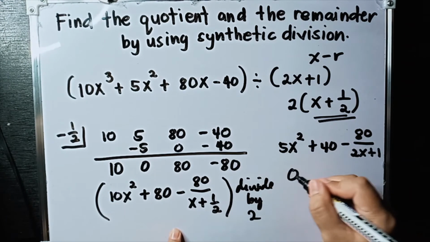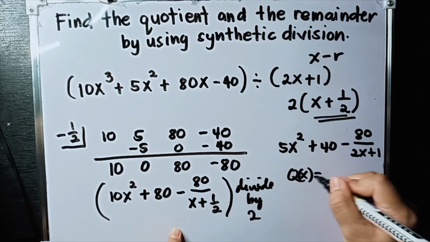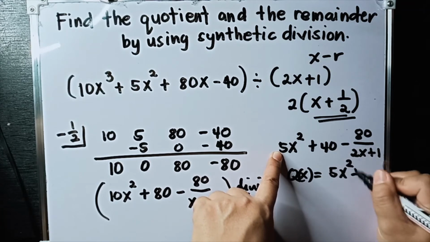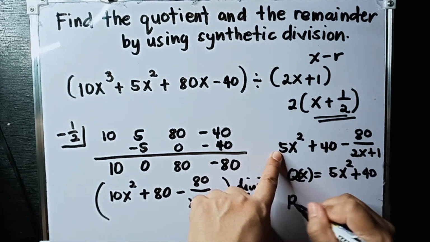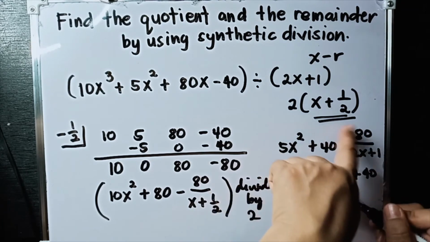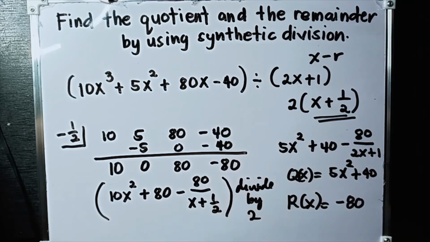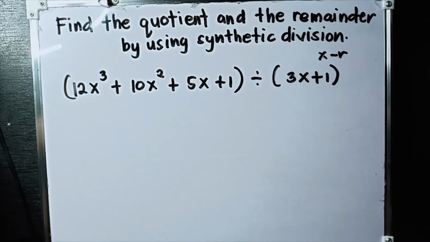So what is the quotient then? The quotient is 5x squared plus 40, while the remainder is negative 80. So that's it.